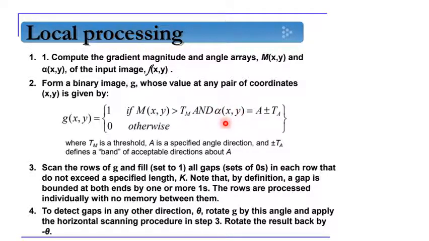The second condition says alpha(x,y) equals A plus or minus TA. When both conditions are satisfied, only then is G(x,y) assigned the value 1, otherwise it is assigned 0.